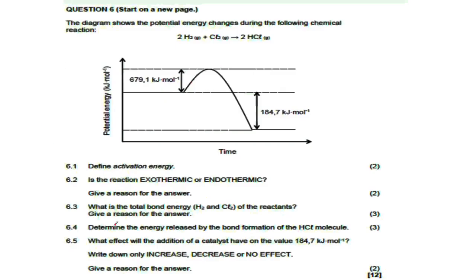Now, 6.3 says, what is the total bond energy of H2 and Cl2 of the reactants? Give a reason for the answer, right? So let's look at this. Here we know that we have the reactants, and then down here we have the products. Now the question is, what is the total bond energy of H2 and Cl2 of the reactants?